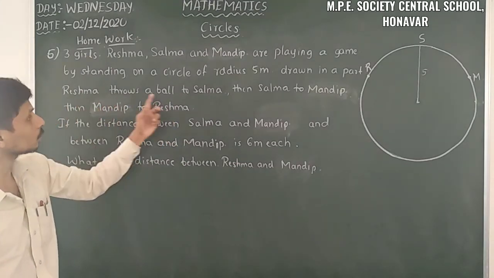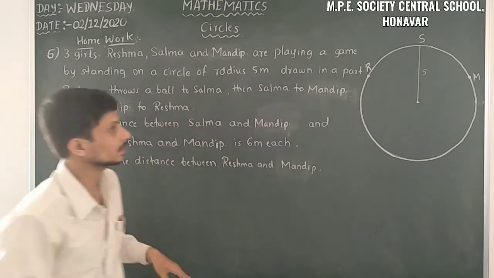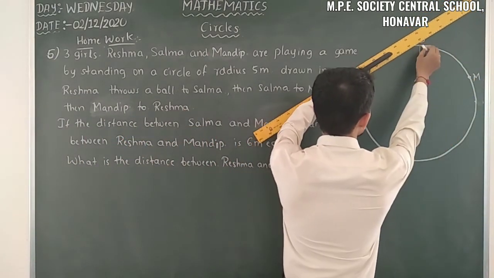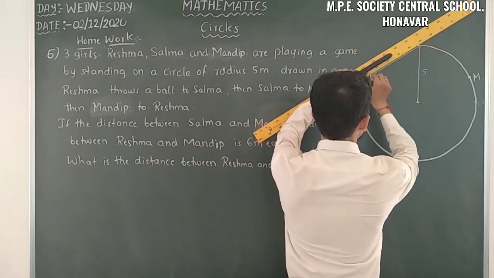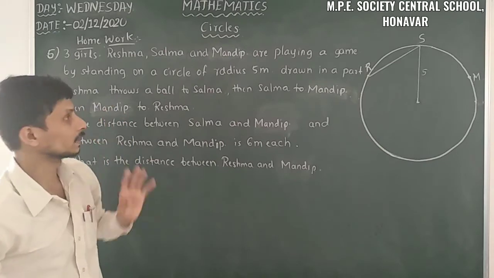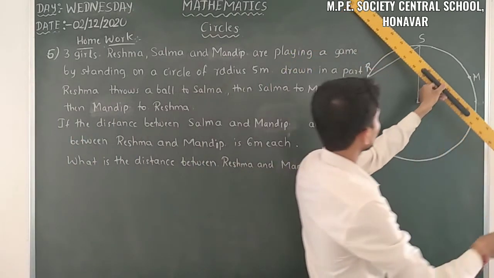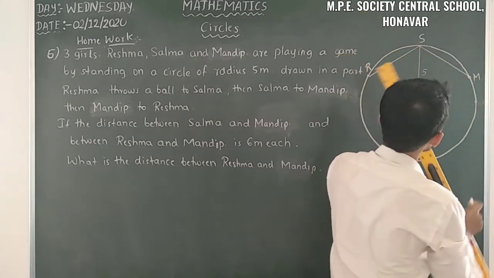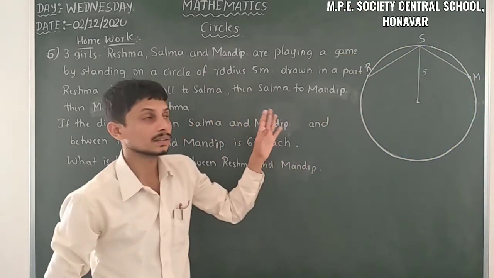Reshma throws a ball to Salma. Here Reshma is there and she throws a ball to Salma, and then Salma to Mandip. I am just representing the ball throws as lines.